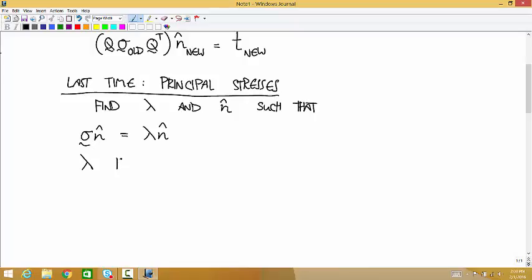Then lambda is an eigenvalue representing a principal stress.